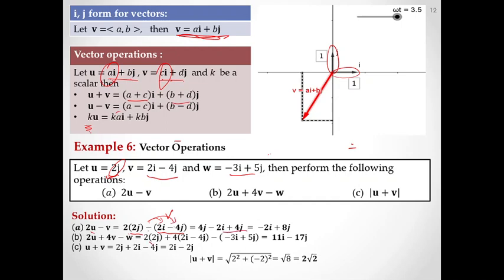Please try to do it by yourself and check the calculations. In the last one, we will find u plus v. u is 2j, and v is 2i minus 4j. When you add them, 2i, nothing else here, just 2i, but 2j minus 4j will be minus 2j. Our vector will be (2, -2). This is how we take the magnitude of it: 2 squared plus negative 2 squared, square root, so it will be 2 square root of 2.